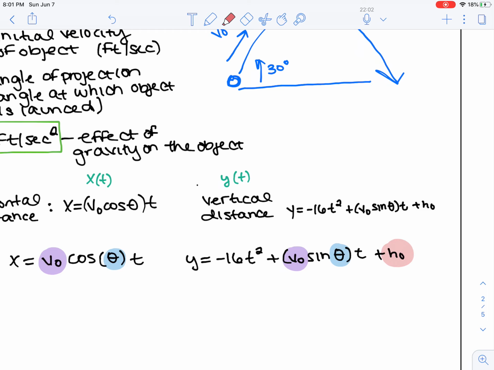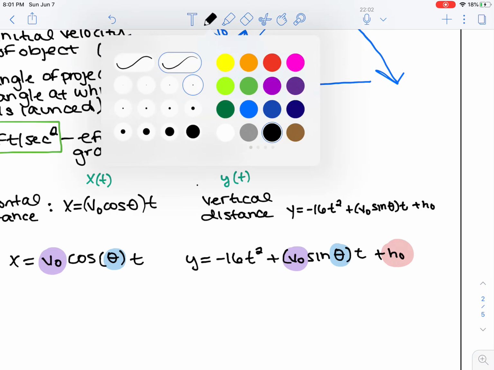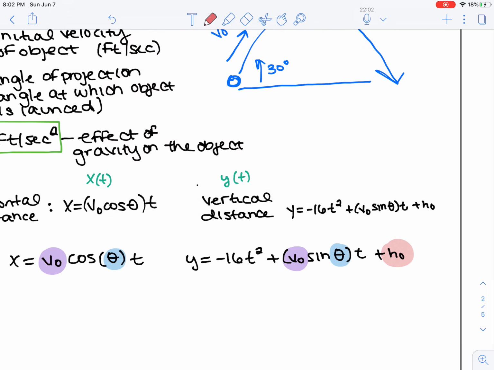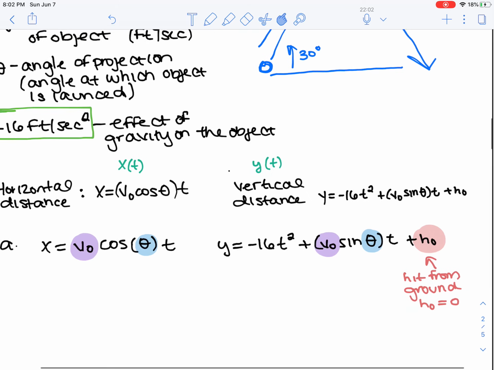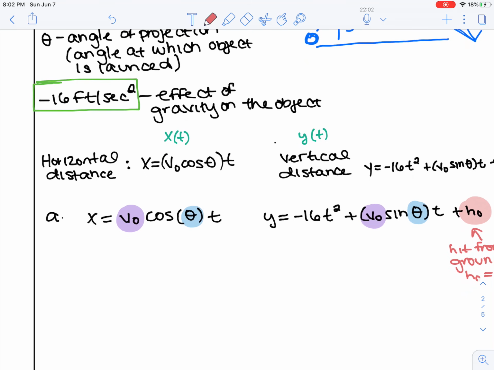Now, there's no indication that the ball was hit from a tee, so we're okay to assume that it was hit from the ground. And so our initial height is just 0. So let's go ahead and finish writing these equations.